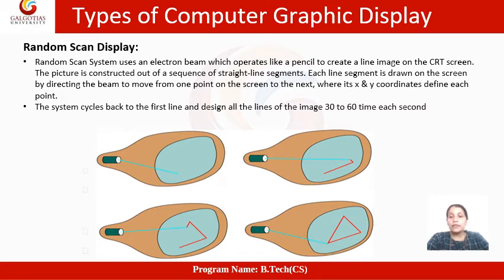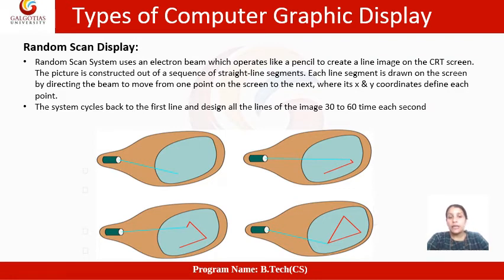So here, line by line is drawn directly on a CRT screen. The picture is constructed out of a sequence of straight line segments. Each line segment is drawn on the screen by directing the beam to move from one point on the screen to the next, where its x and y coordinates define each point.